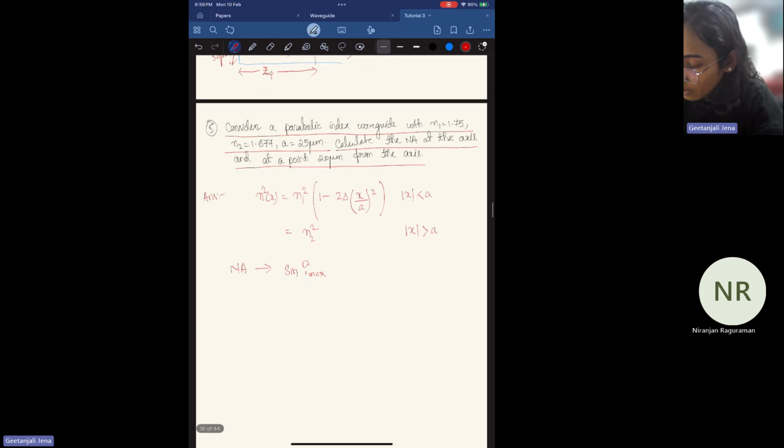If you recall, for guided rays we need beta tilde to be greater than n2. In general it should lie between n1 and n2. So the condition is beta tilde greater than n2, that means nx cos theta x should be greater than n2.